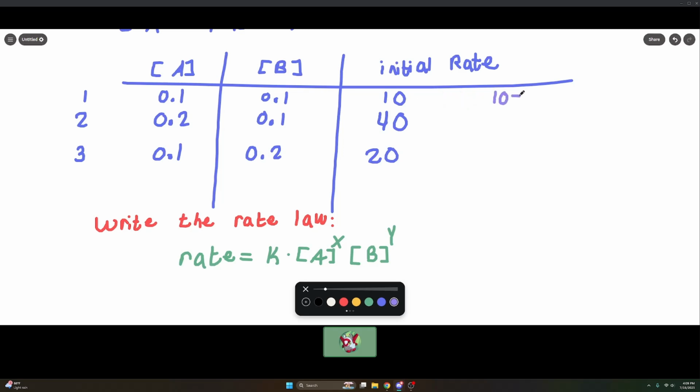So 10 equals K. I don't know what K is, so I'll just leave it as K. I do know my concentration of A now. For here, it was 0.1. So I have 0.1 to some unknown power, multiplied by the other reactant B, which is also 0.1, to some unknown power, power Y.